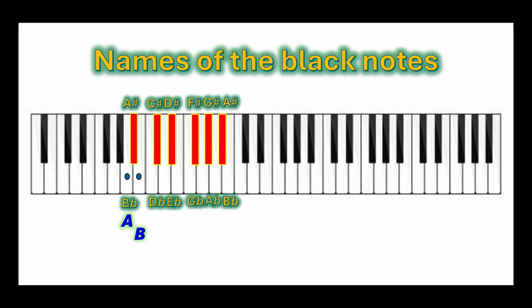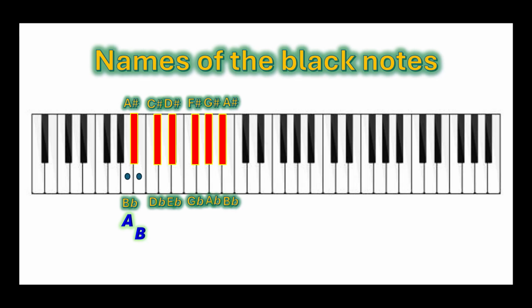B flat is the note that's just a bit flatter than B. A flat is the note that's just a bit flatter than A, and so on. B flat, A sharp, the same note. E flat, D sharp, the same note, and so on.